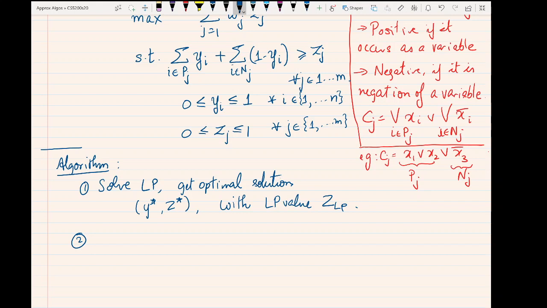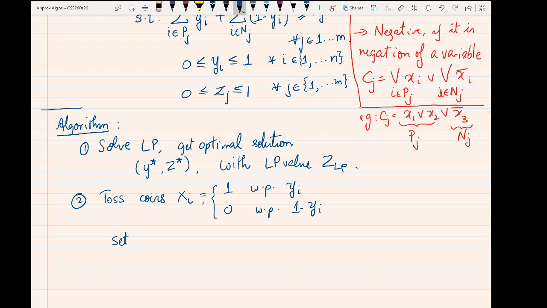We toss a coin which is 1 with probability yi, and depending on the outcome of the toss, we set the variable. And we output the resulting assignment.